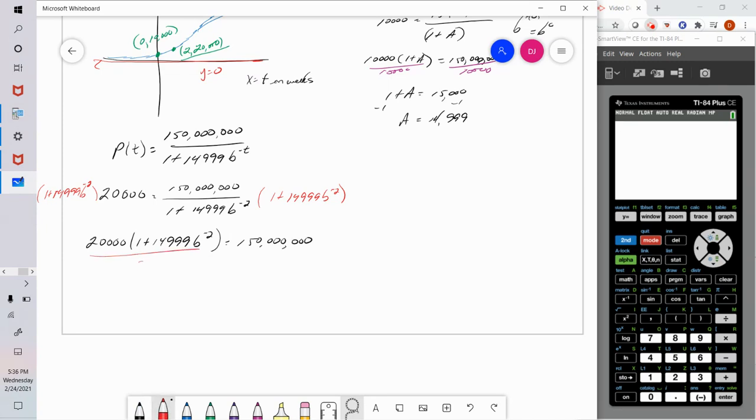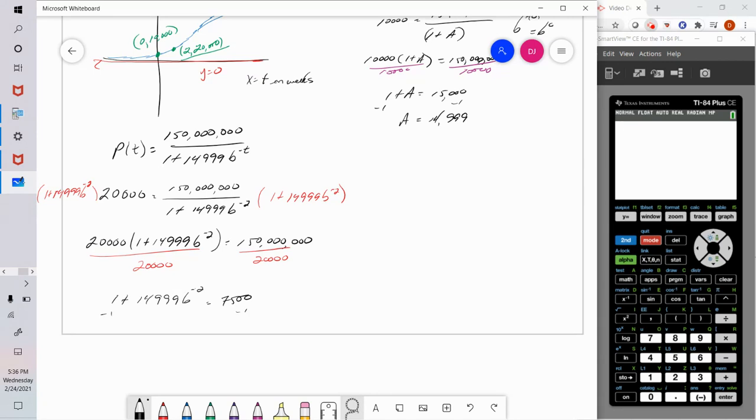Now I'm going to divide both sides by the 20,000, and 1 plus 14,999 b to the negative second is equal to 150 million divided by 20,000, which is 7,500. You can check that on the calculator.